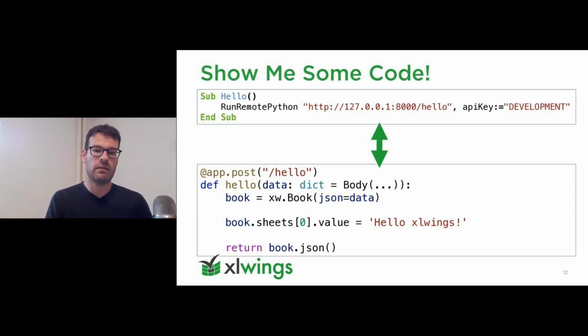Previously in classic xlwings, you would just supply the file path, and now you just supply the body of your post request that you receive here. And at the end of what you do in xlwings, you just return the JSON method here, which is responsible for sending the instructions to the front end.